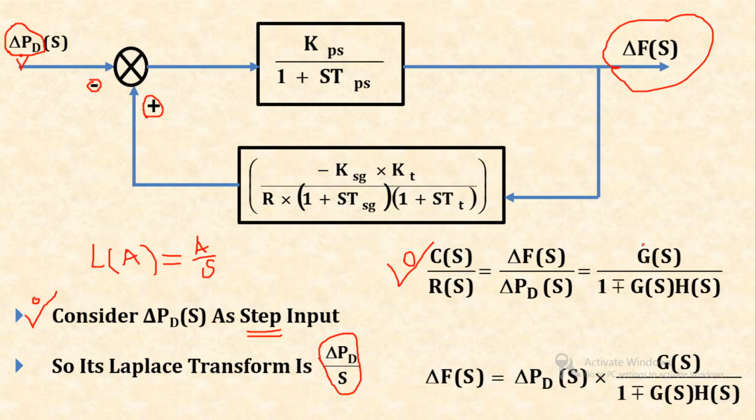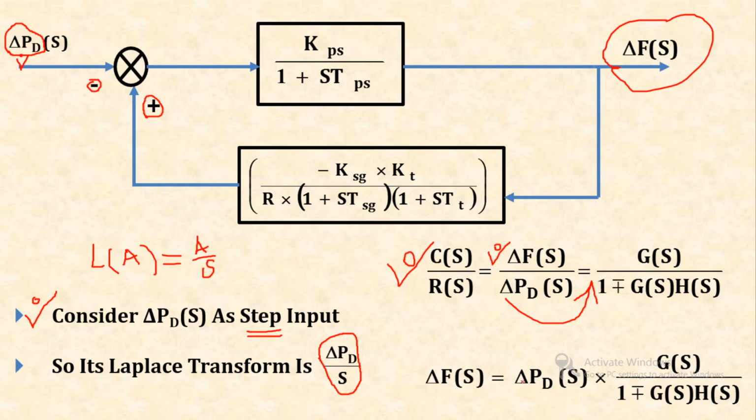So we are going to use this formula to find out the output delta F of S. So C of S is the output, Laplace of output, R of S is the Laplace of input. So output is delta F of S, input is delta PD of S. So we are interested to find out the output. So delta F of S is equal to, this block will be multiplied over here. So delta PD of S multiplied by G of S upon 1 minus plus G of S into H of S. So that is the output delta F of S.